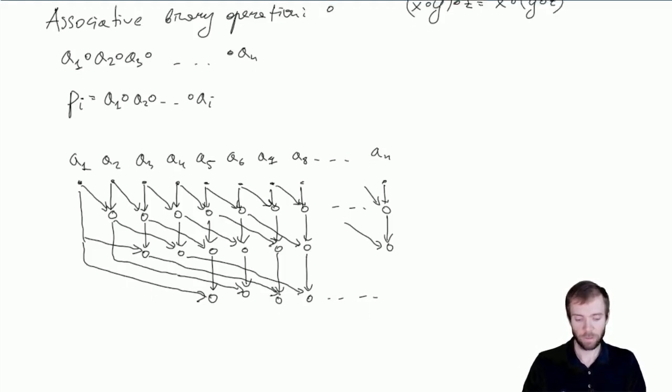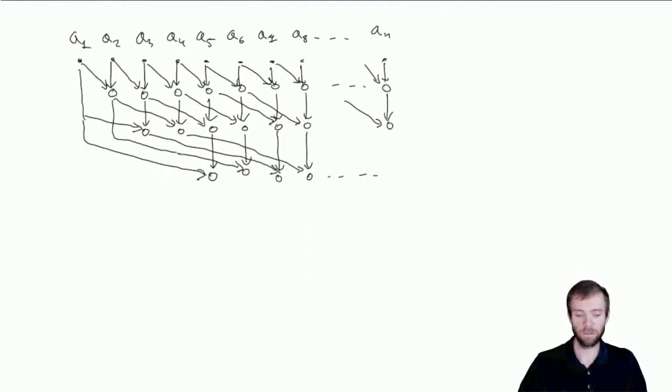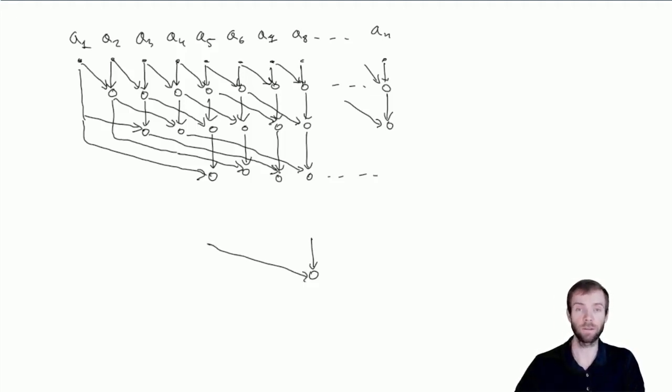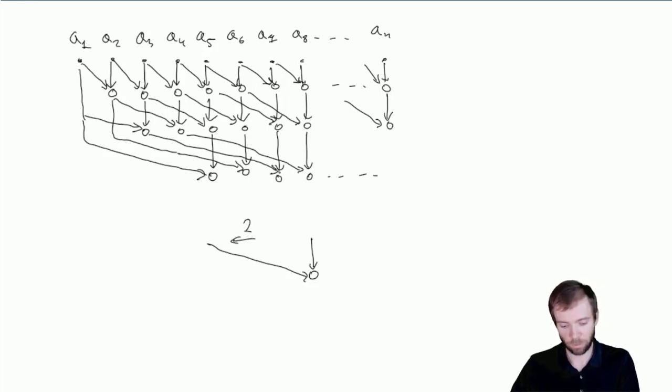So now, how many layers do we need so that we have all the products of up to n A's? Well, we have a logarithmic number of layers. Each time we join a node on the next layer with the one immediately above it and the one which is one upper and 2 to the power of k to the left.